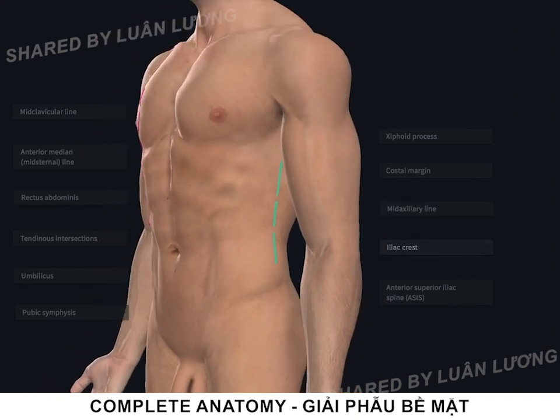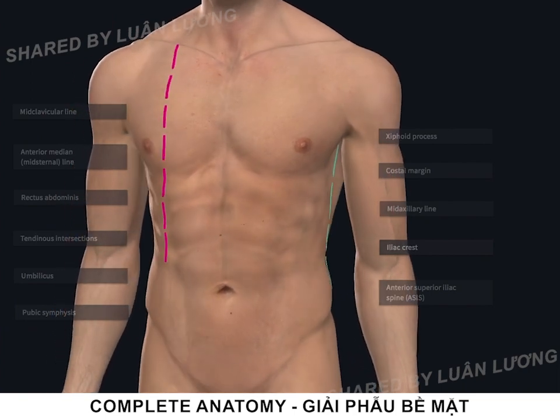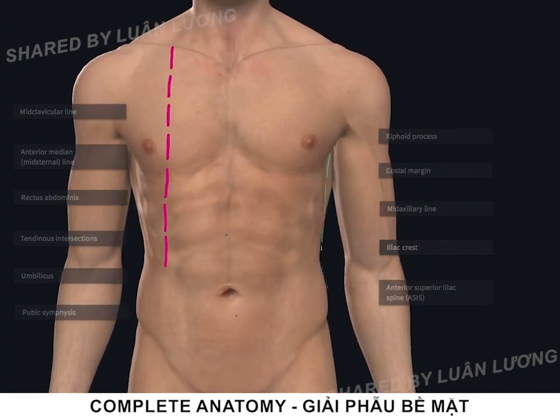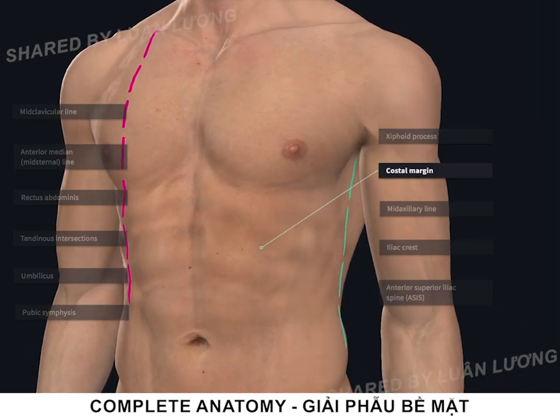Now, another couple of landmarks that we saw within the thoracic region can also help us with orientation here in the abdominal cavity. Again, the inferior extent of the sternum at the xiphoid process and the costal margin, which will descend as it moves laterally between the thoracic and abdominal cavities.